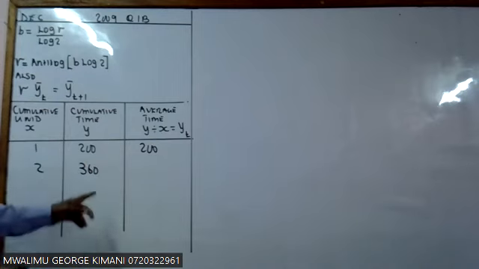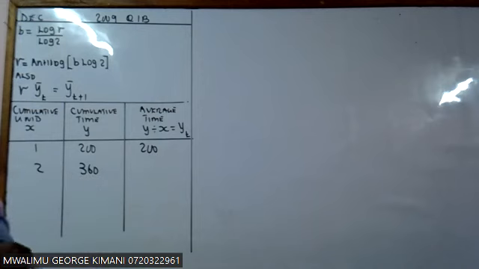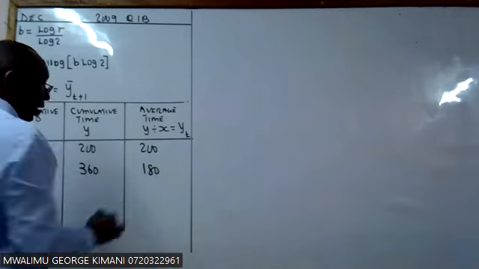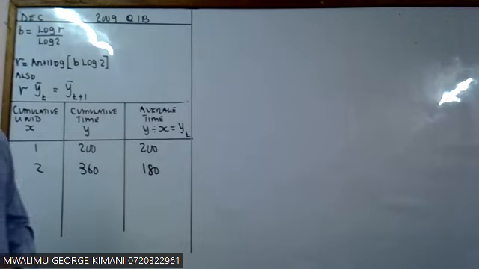So tell me, 360 divided by 2 is what? Yes, good. I can see 180. Now, on that question, you can even stop at that point. It will be possible to get R.